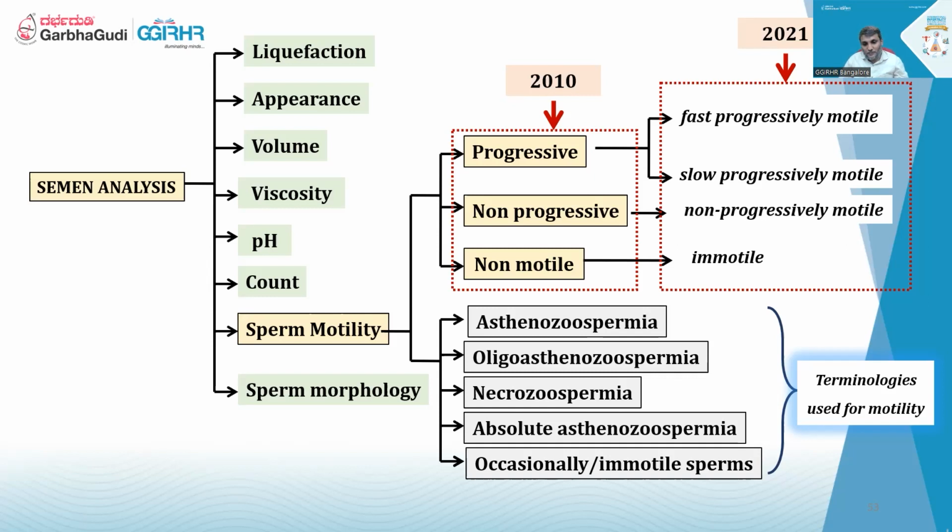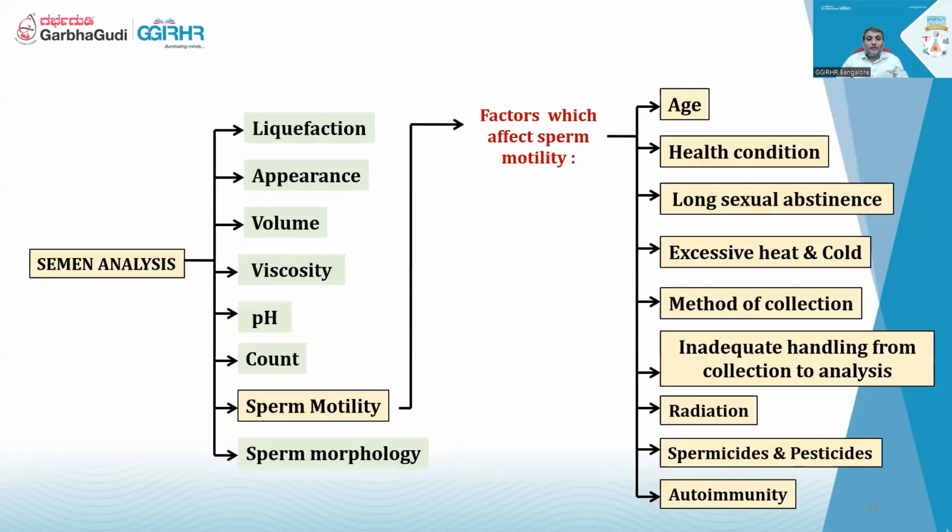In absolute asthenospermia, maximum sperms are alive, but not moving. Occasionally motile sperms means rarely 1 or 2 sperms will be moving here and there. So these are the terminologies we use for sperm motility. Now, coming to the factors affecting sperm motility: age.